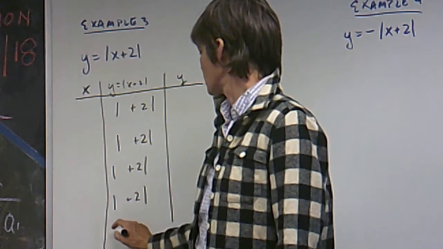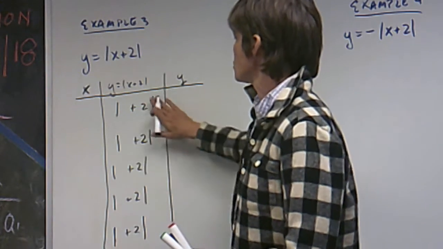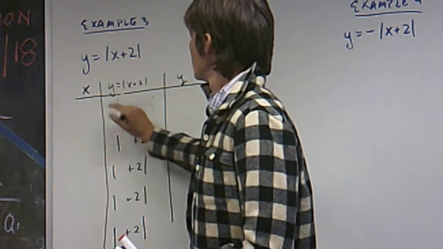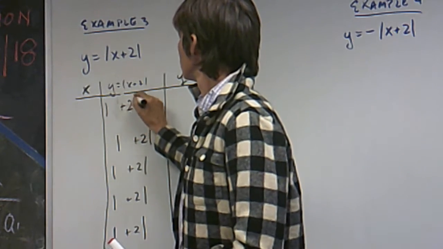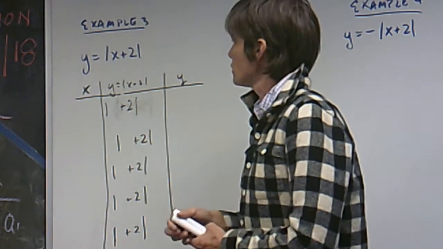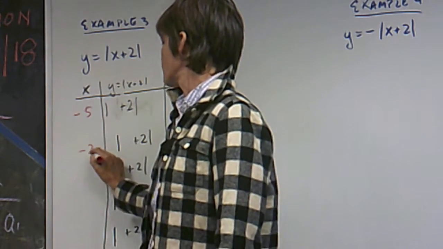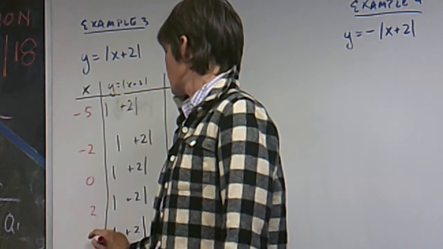I need to leave room, don't I? +2. So they're not ones, they're the numbers I'm going to choose to put in. Absolute value +2. Because then I'm going to need a little bit more space. We'll figure that out. So here are the numbers I'm going to pick. Once again, -5, -2, 0, 2, 5.